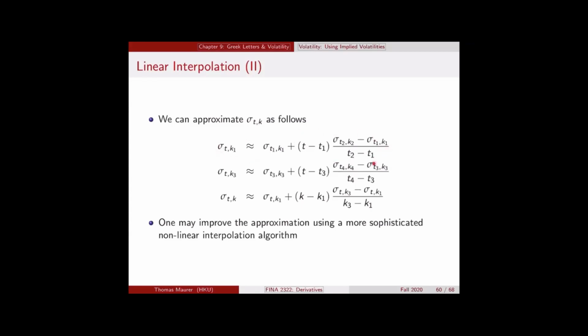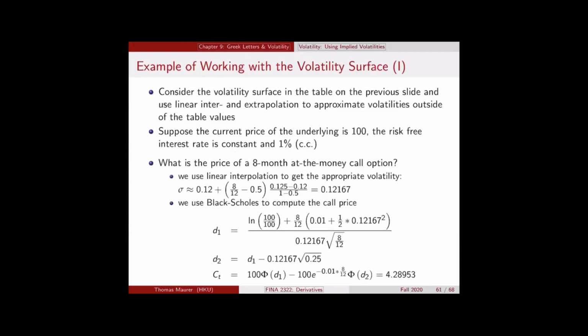And that's what I do in this equation. I say the volatility which I try to find is the volatility of the option with 6 months to maturity, which is 12%. And I add to that the slope, if I interpolate between the 6 month and 1 year volatilities.